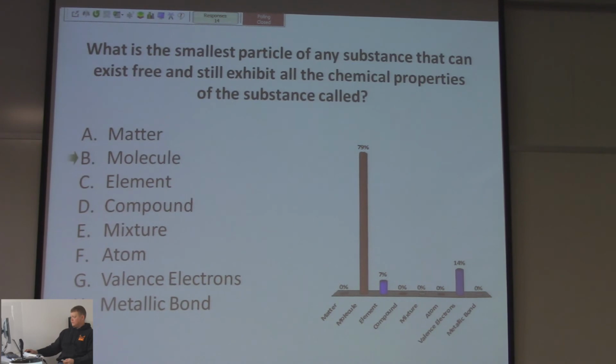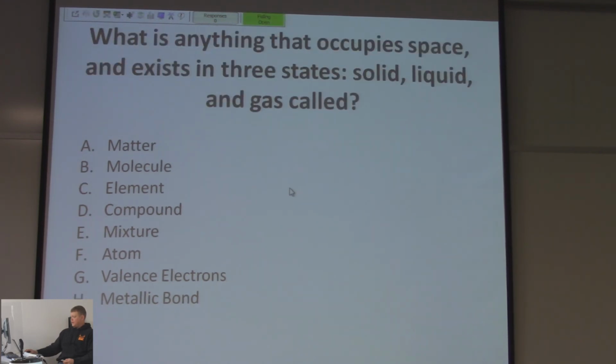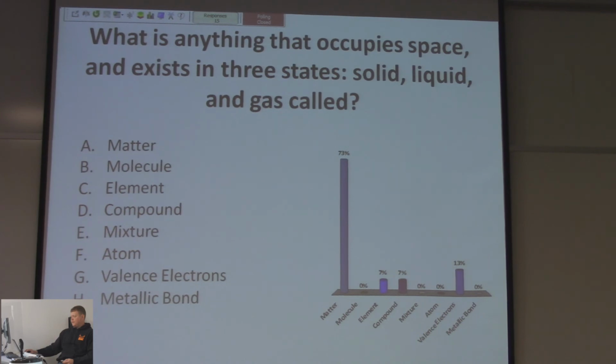Smallest particle. What is anything that occupies space and exists in three states, solid, liquid, and gas, are called? Matter, molecule, element, compound, mixture, atom, valence electrons, metallic bond. Matter.